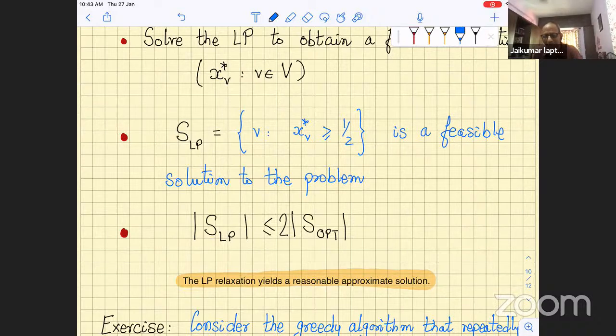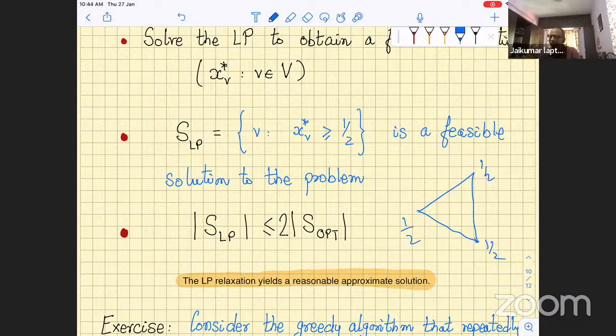But the threshold of 0.75 would not work, because there can be graphs. Say, for example, if you took a triangle, half is a solution, and if you rounded only above 0.75, then everything will get rounded to 0 and you won't even have a feasible solution.